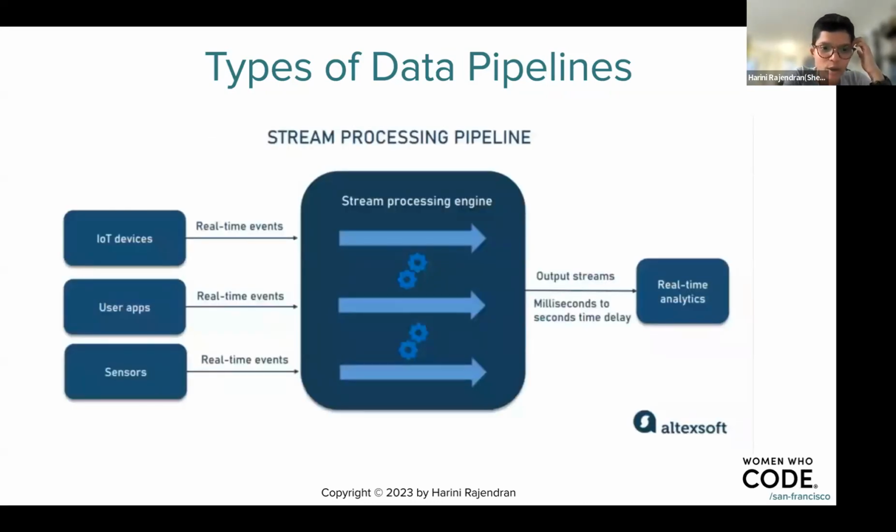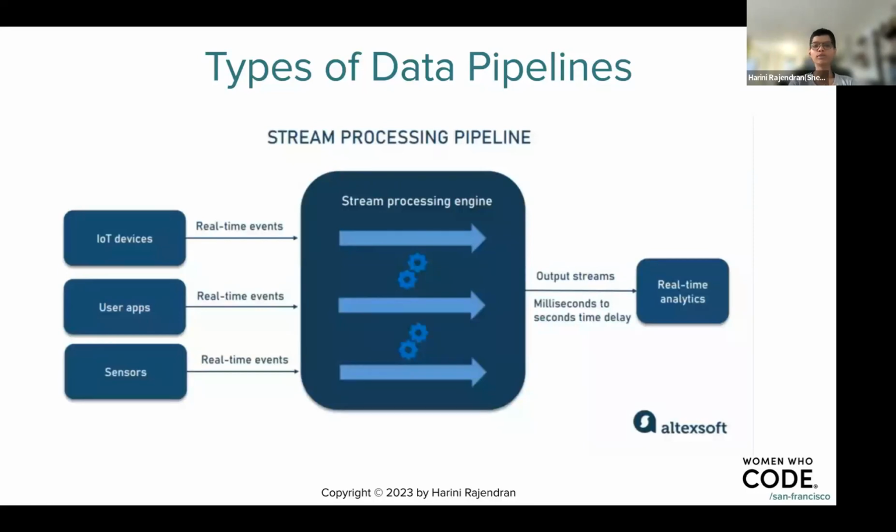So the way the stream processing pipelines look is similar to the earlier one. There are all these different data sources, like edge devices, IoT devices, sensors, websites, user applications, or mobile devices that are constantly generating events in real time at high volume.